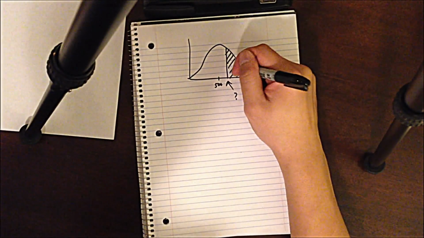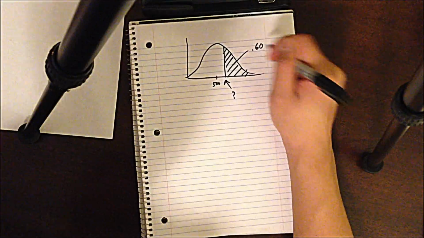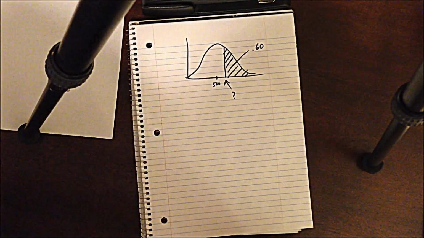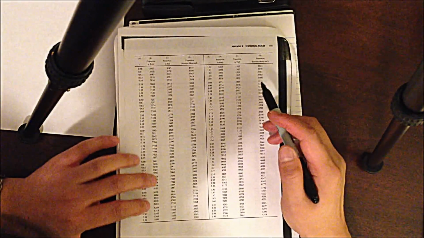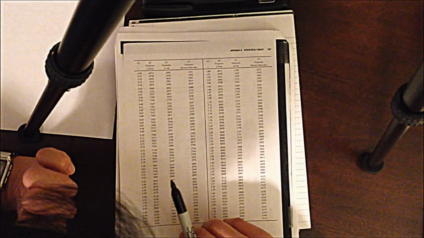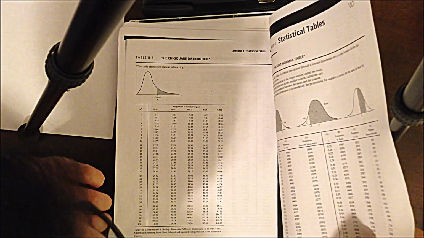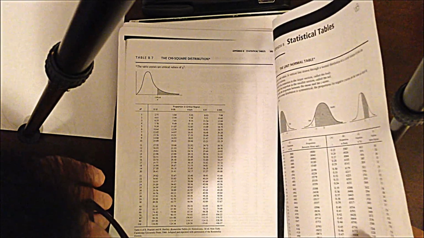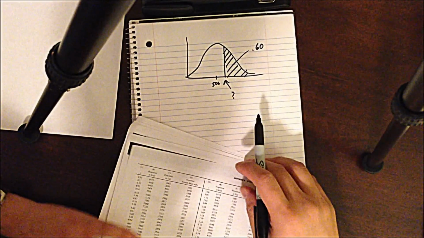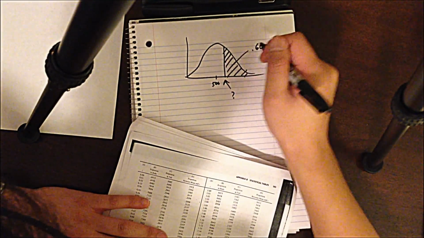So we know this proportion is 0.60. So let's go back to our table and look at column C. Since this is a tail, let's look for column C, 0.60. Where would that be? I'm sorry.